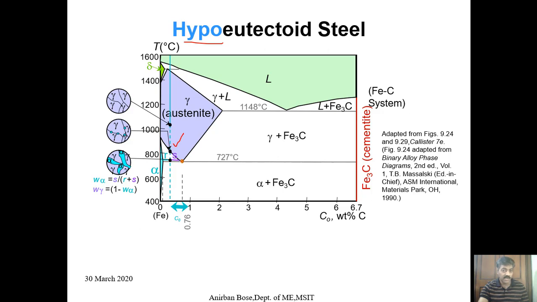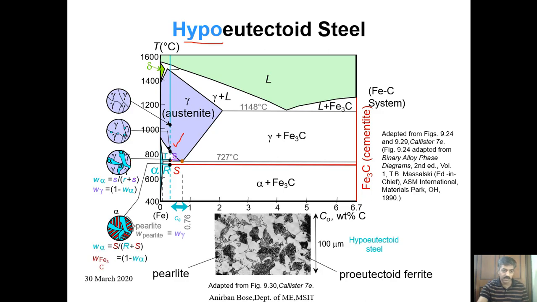We can draw the tie line, and you see the composition of the austenite is nothing but 0.76. So if you go further down, that austenite will convert into pearlite, that means alternate layers of ferrite and cementite. So here you can see, if you go down, the remaining austenite part is now converted into alternate layers of ferrite and cementite.